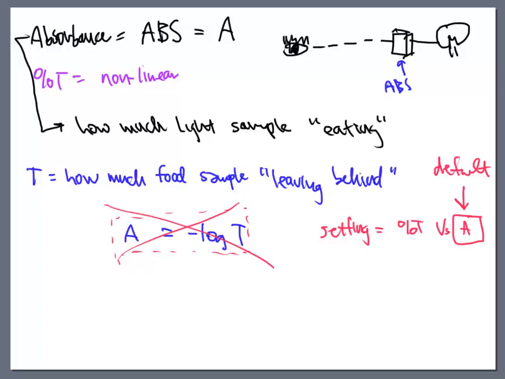So again, you need to appreciate all the work that the equipment is doing for you, because if it didn't, you would have to sit down and do these calculations on your own. So now when I put my sample in and close my lid and tell it to scan, I get this number, and I go to a go-to feature and it pops out a value on the computer screen.